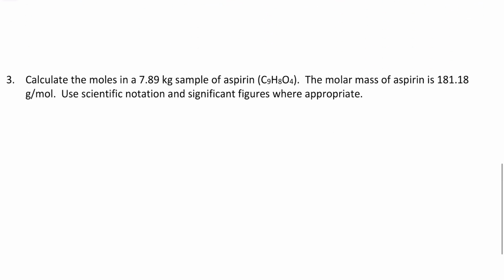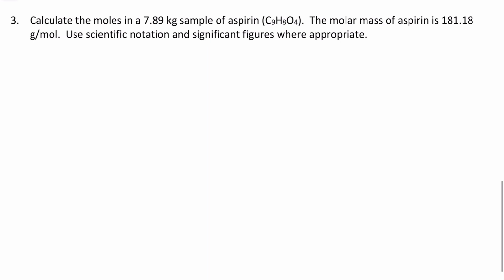Our third example asks us to calculate the moles in a 7.89 kilogram sample of aspirin. The molar mass of aspirin is 181.18 grams per mole. Use scientific notation and significant figures. Once again, we're going to start with dimensional analysis using our given, so 7.89 kilograms of aspirin, C9H8O4.